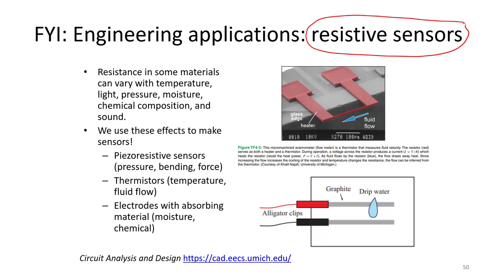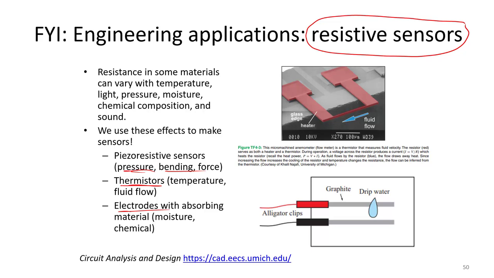So we talked about thermistors, which are temperature-dependent resistors, but there's also things that are sensitive to pressure or bending, or electrodes that can absorb chemicals like moisture. And so we can use electrical dependent materials in order to actually make sensors.